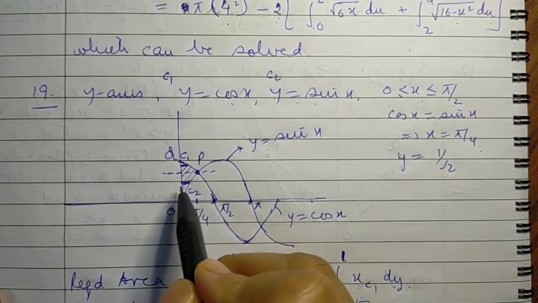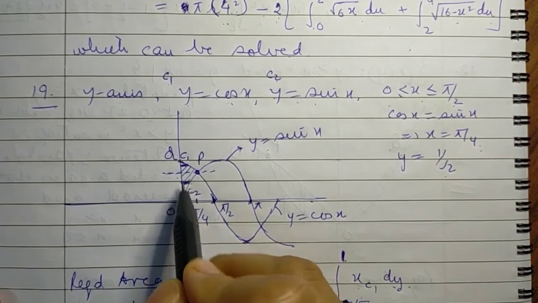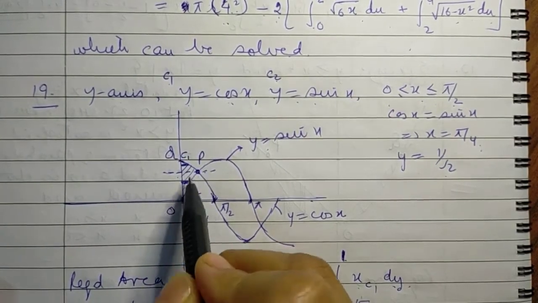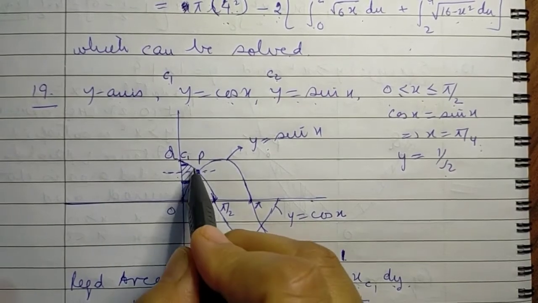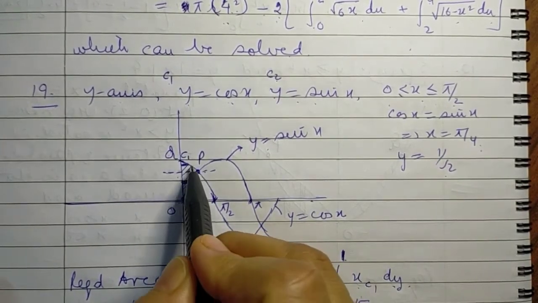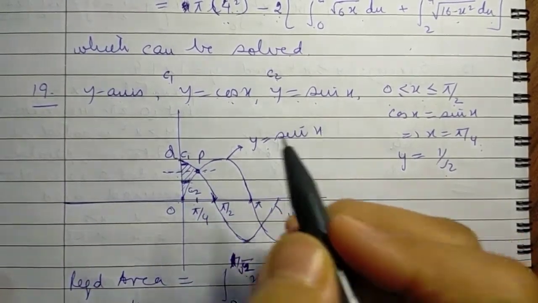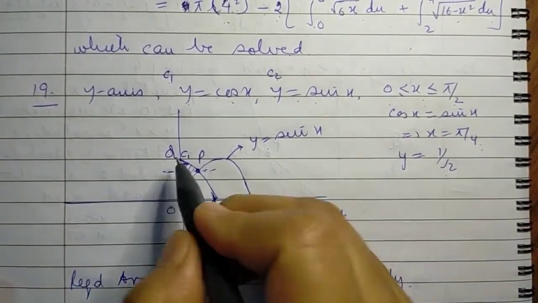So first of all, what we see is the required area can be split into two parts. One between 0 and the point of intersection, and the other between the point of intersection and this point Q.